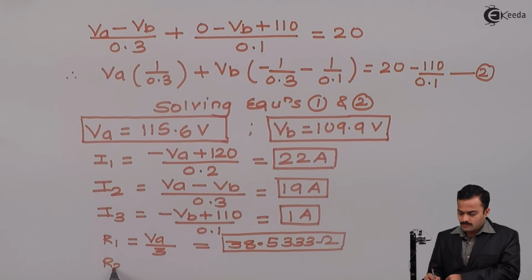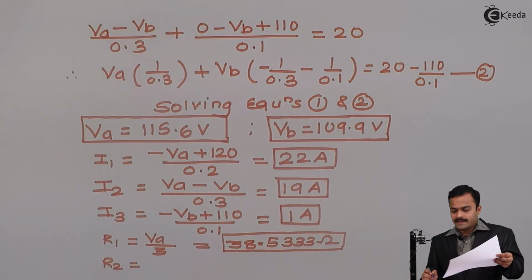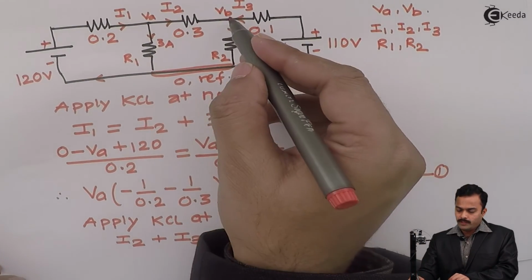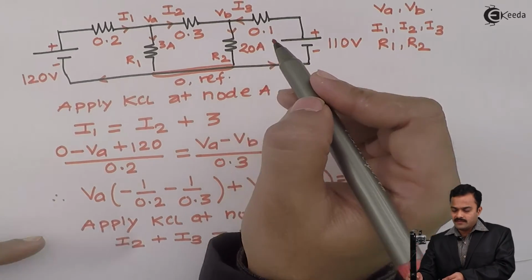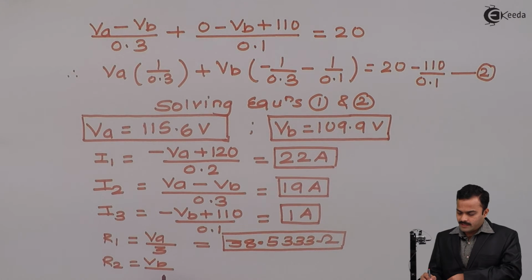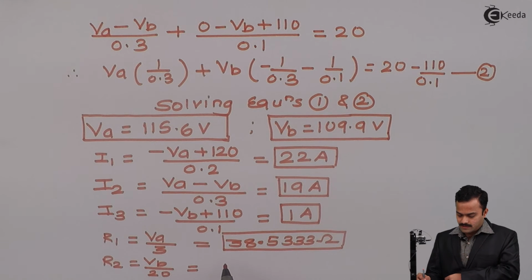Similarly R2 we can get by knowing the value of VB and this current. VB we got, 20 ampere is given. So simply by Ohm's law I can say VB divided by 20. So the answer I will get is 5.495 ohm.